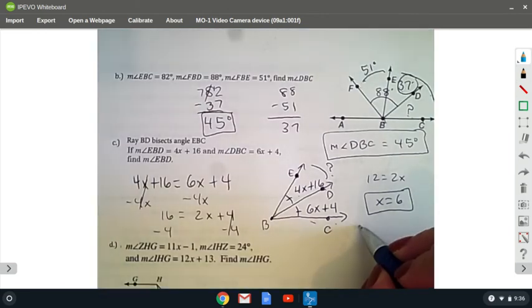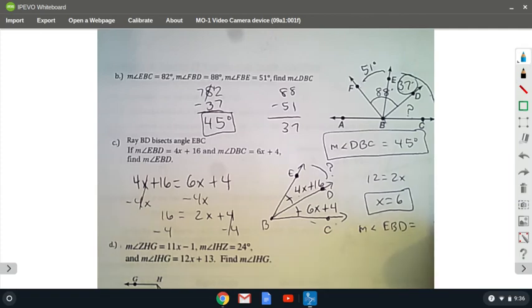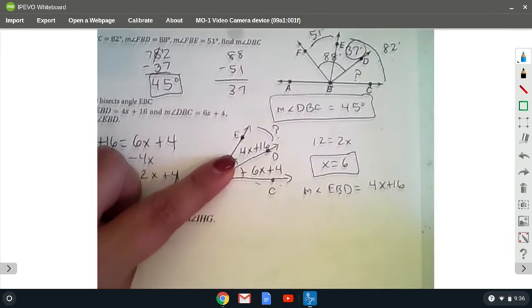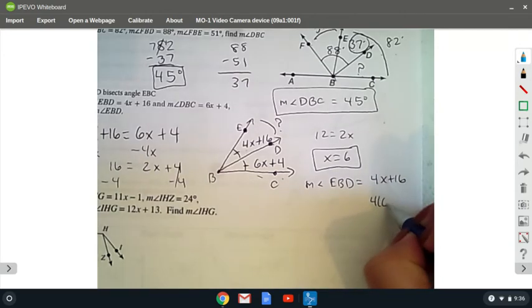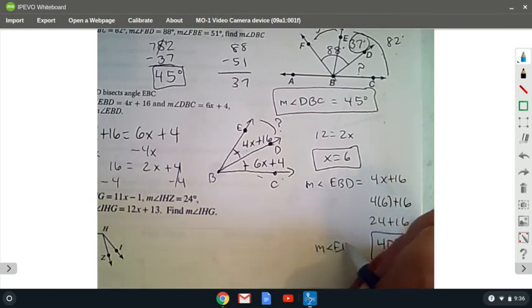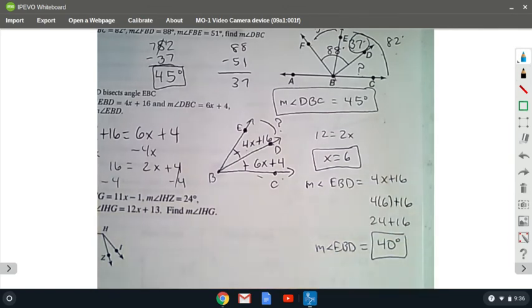Now they asked me to find the measure of angle EBD, which is labeled as 4x plus 16. So now I'm just going to plug in the 6 and solve. So that gives me 24 and 16, which is 40 degrees. So the measure of angle EBD equals 40 degrees.